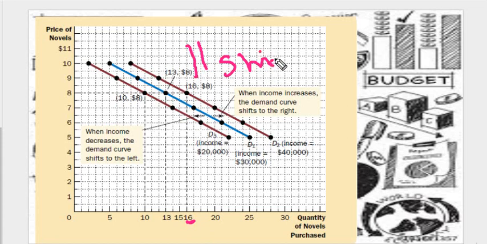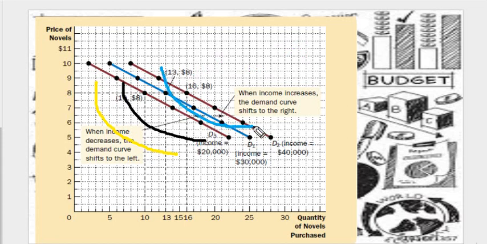If there is a parallel shift in the demand, that means some factor is responsible for a higher quantity demanded at the same price. Exactly. A higher quantity demanded at the same price. There is nothing more to it. It doesn't matter if curves are shaped like this, or like this, or they're shaped like something else.